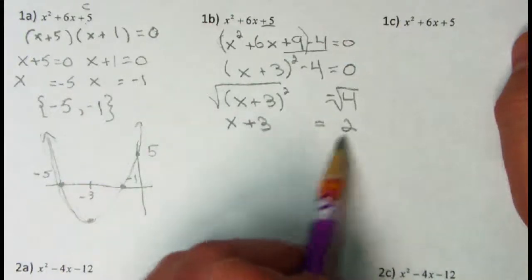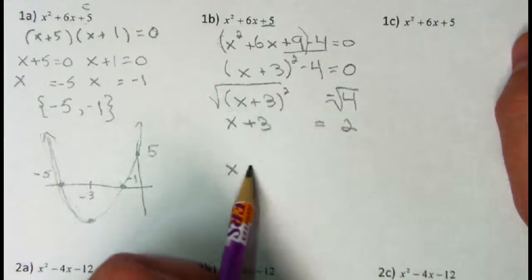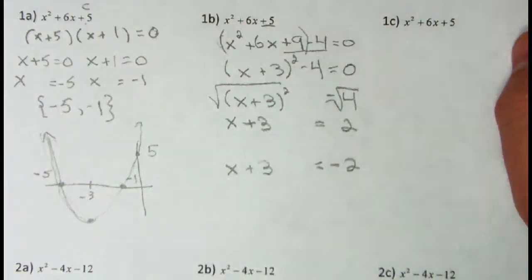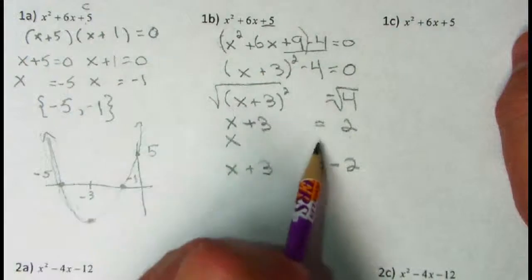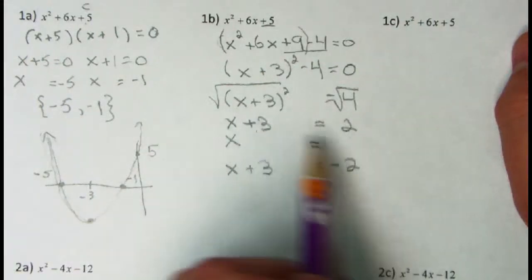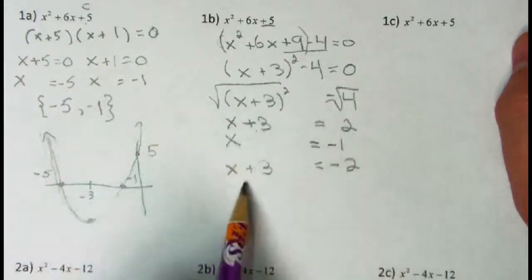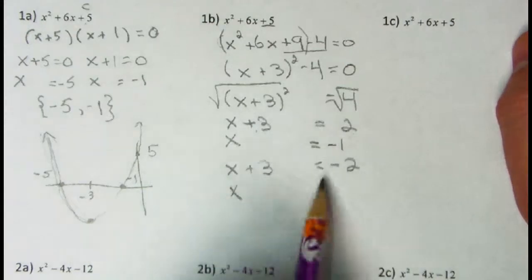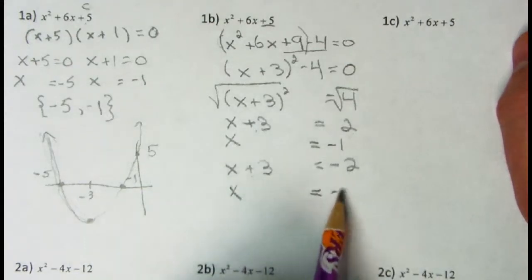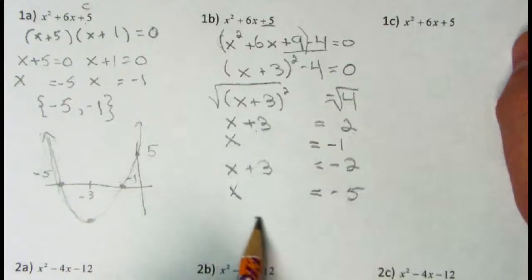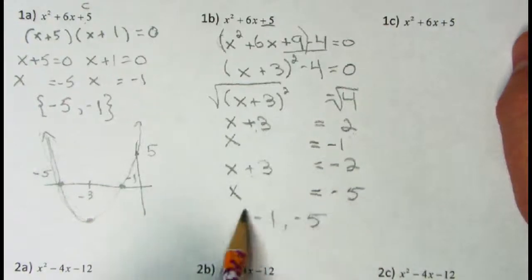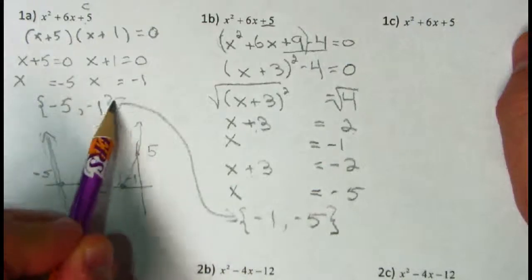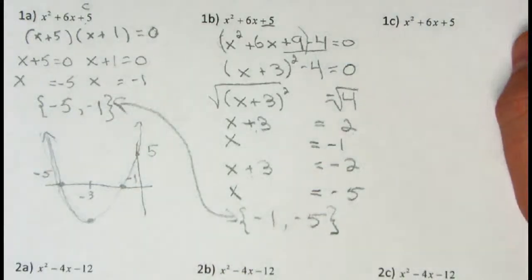We get x plus 3 equals 2, but we also get x plus 3 equals -2. So I'll subtract 3 on both sides. I get x equals 2 minus 3 is -1. And subtract 3 on both sides here, we get -2 minus 3 is -5. So yes, indeed, we get matching answers.